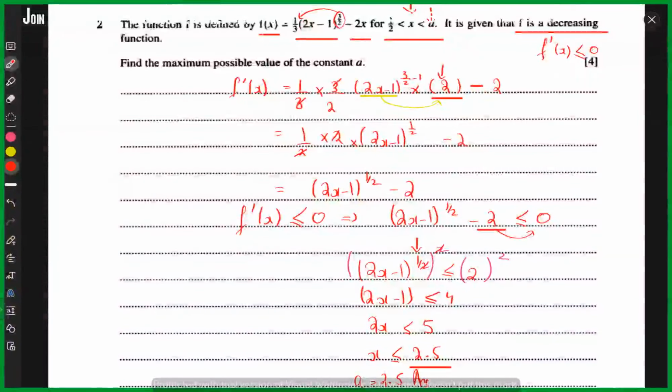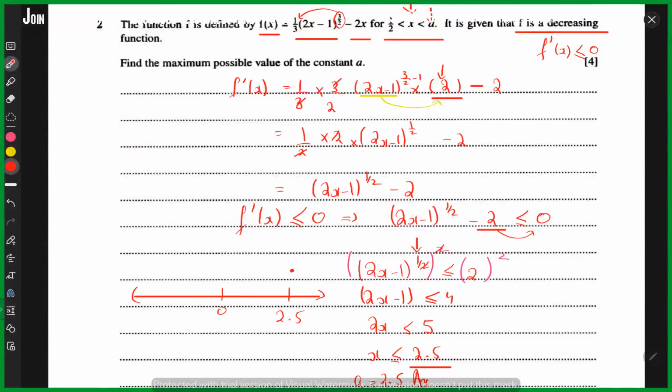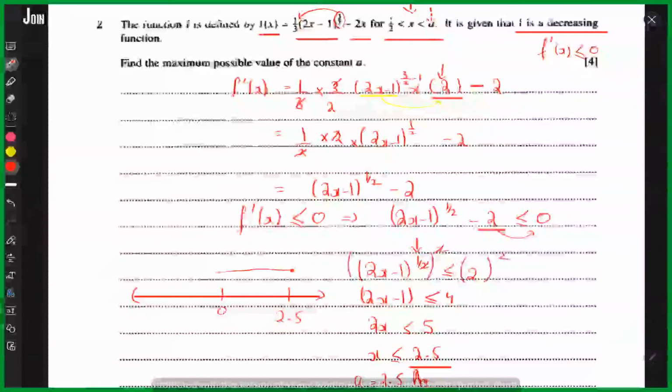our function is going to be a decreasing function. So this is your number line. This is 0. We have 2.5 here. We know that this is basically the range for f to be decreasing.